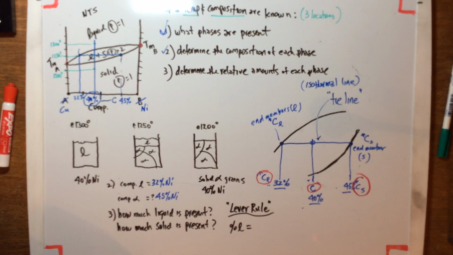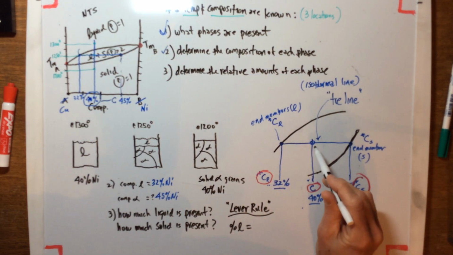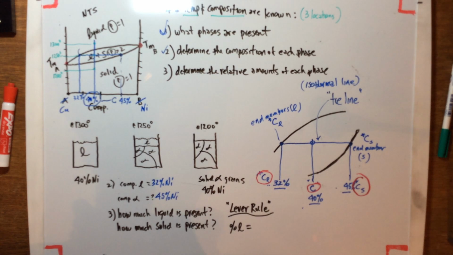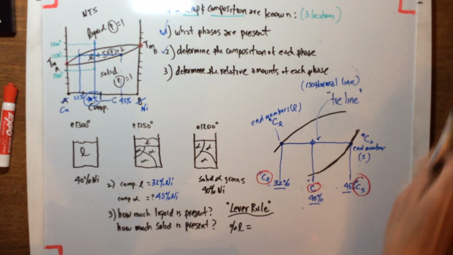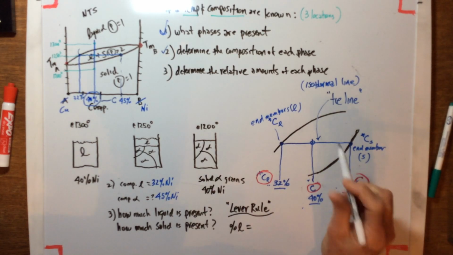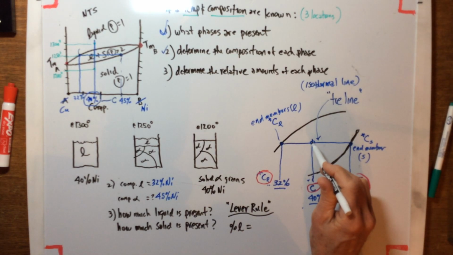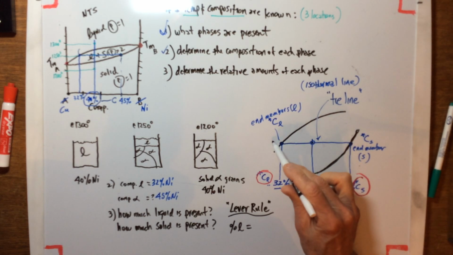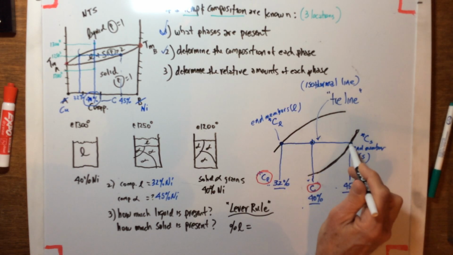Percent liquid would always be, and let me draw it this way, the opposite leg. Okay, so in other words, you're always going to start at this main composition, this C, and if you're wanting to know what the composition of this is, you have to take the opposite leg of that.